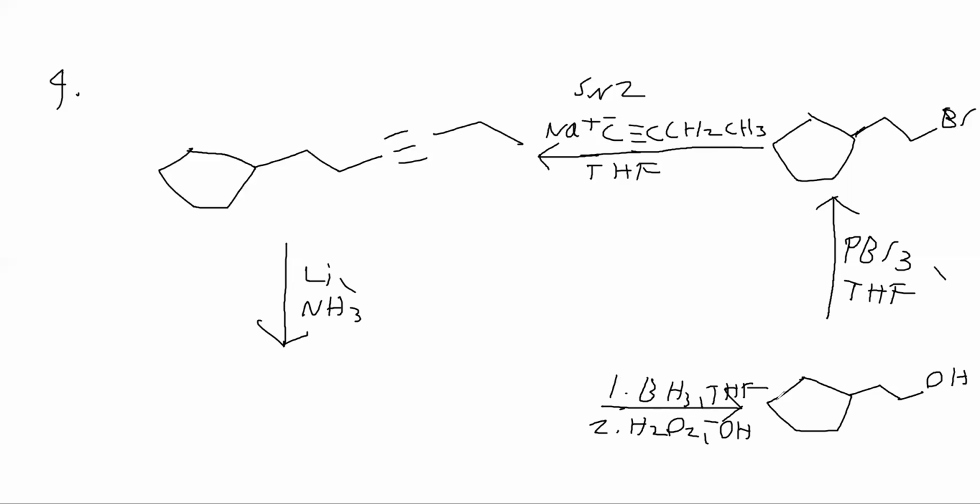What would be the preceding substrate for this? An alkene, yes. So this set of conditions adds an alcohol to the anti-Markovnikov position. So the alkene is going to specifically be here. If you drew this, then the anti-Markovnikov alcohol would go here, and that's not what we have, so that would be wrong.